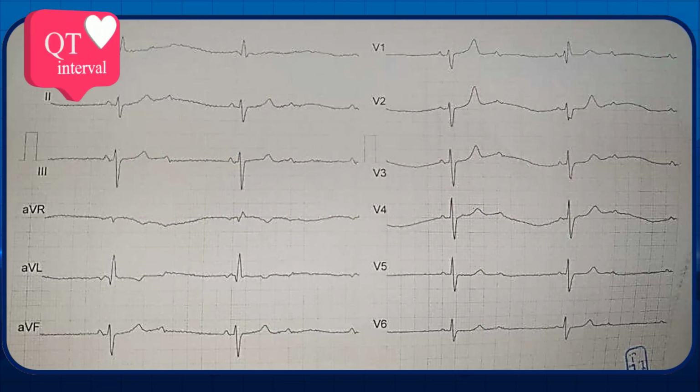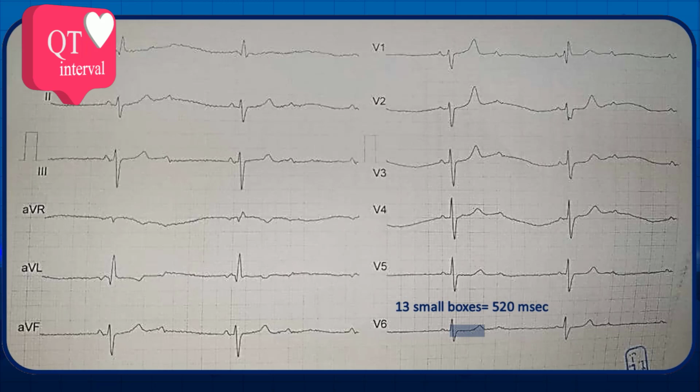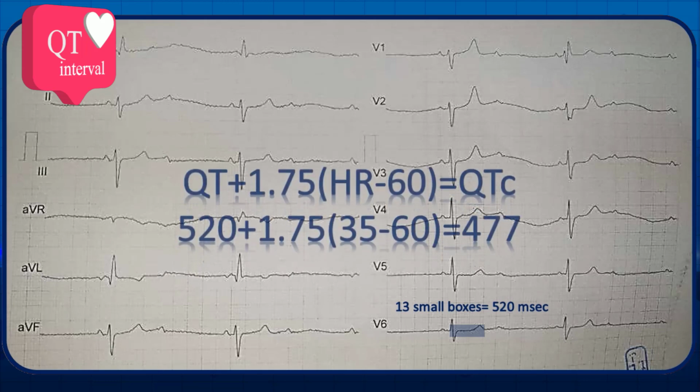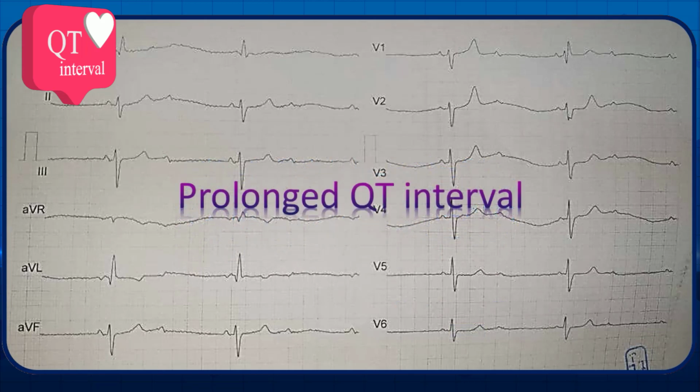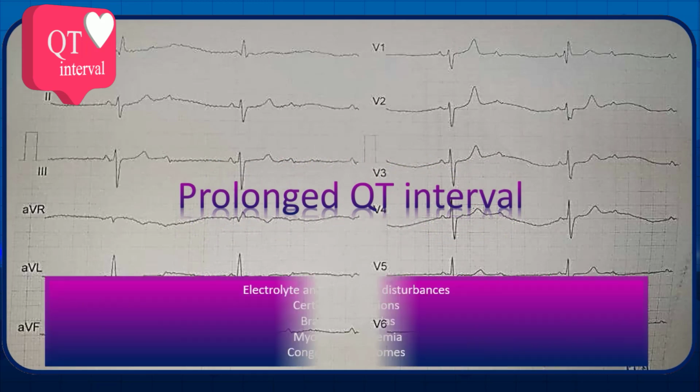Next part is QT interval. Here, the QT interval is about 13 small boxes, so the QT is 520 millisecond. The heart rate is 35 beats per minute, so according to the Hodges formula, the corrected QT interval is 477 millisecond, and therefore is slightly prolonged. These are the reported causes of long QT.